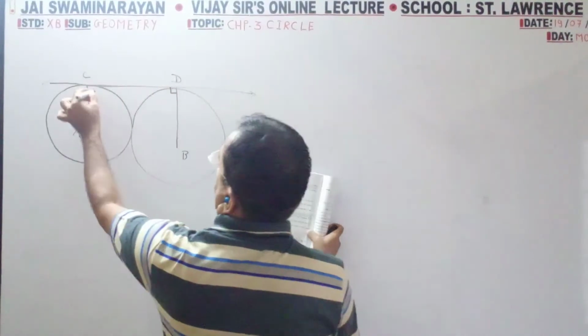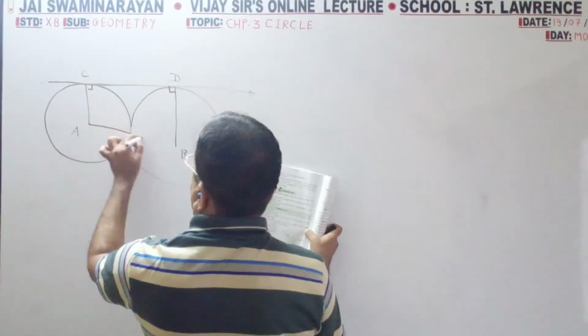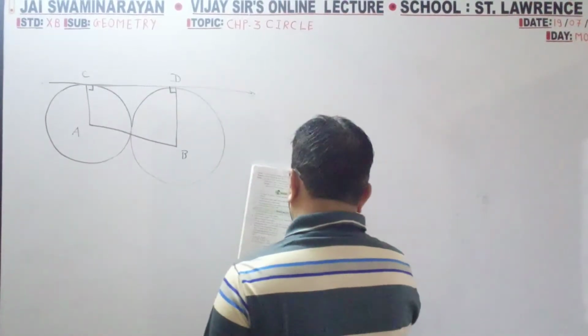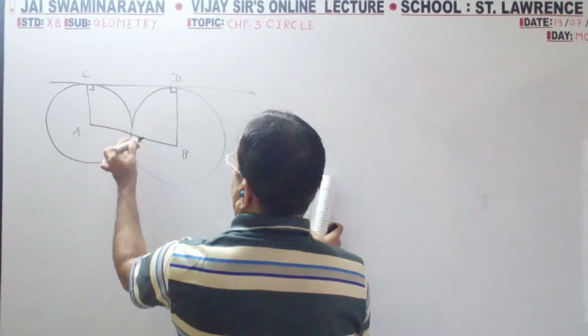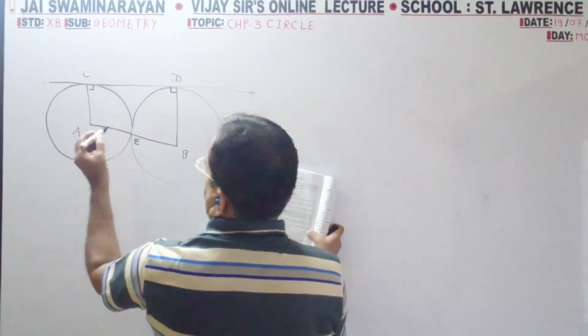This is given perpendicular, this is given perpendicular, this is the common point, this is E. A, B, C, D, E given.